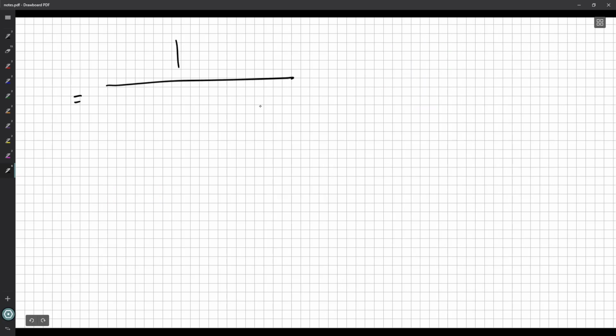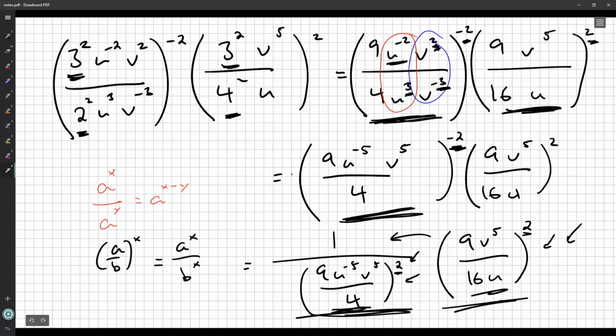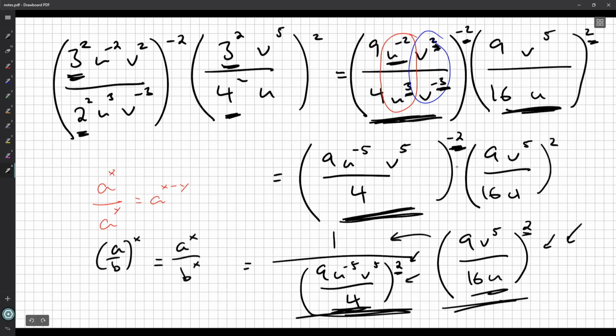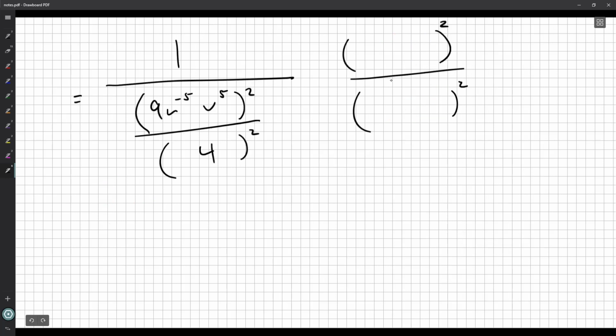Got 1 over 9 u to the negative 5 v to the 5, and then just a 4 down here, really. And then the other fraction, both parts raised to the power 2. 9v to the 5, 16u.